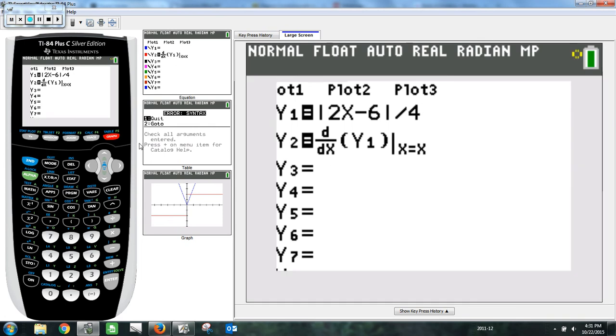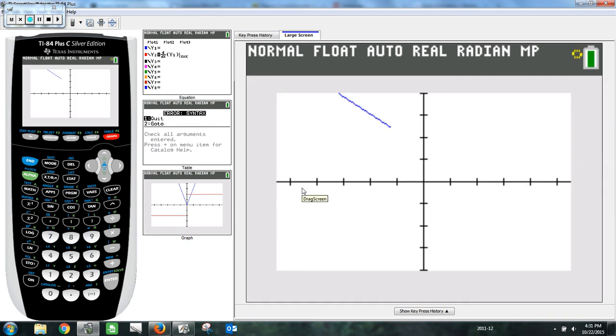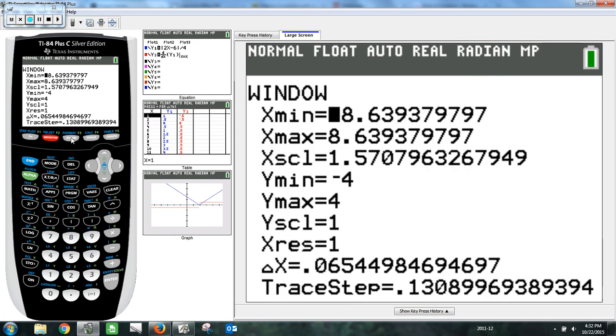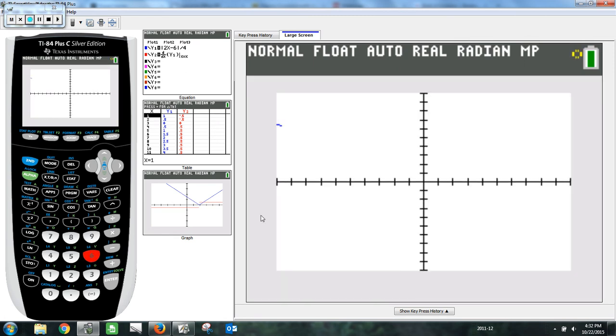All right, so we can take a look at our graph, and we see we have our nice V-shaped graph. I don't like my window, so let's just do zoom 6, so I can have tick marks every one. So here's my absolute value coming in, and notice that I have the vertex right here at x equal to 3.